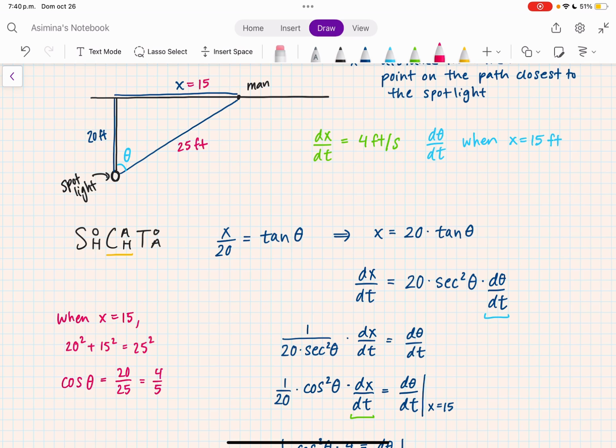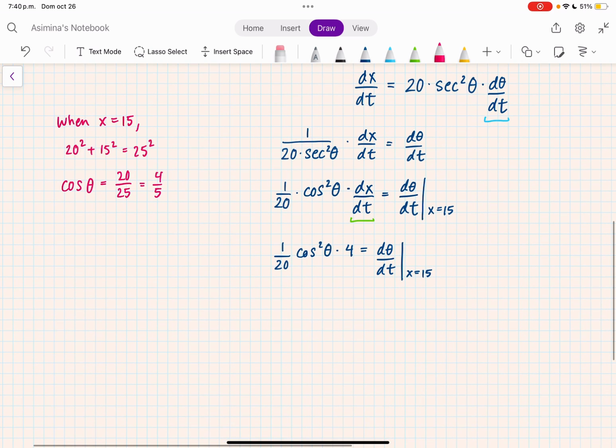So if we plug that in for cosine of theta, we get 1 over 20 times (4/5) squared times 4. So this is, let's see, 16 over 125.